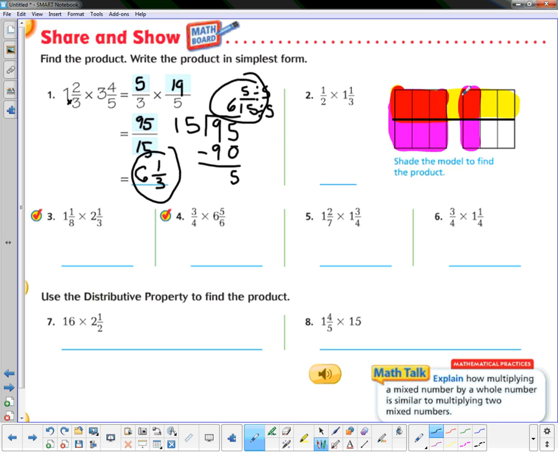And then I need to add up the ones that are double shaded. 1, 2, 3, 4. That's my new numerator. And count up how many are in 1. 1, 2, 3, 4, 5, 6. I see a greatest common factor of 2, so I divide both by 2. 4 divided by 2 is 2. 6 divided by 2 is 3. There's my answer.